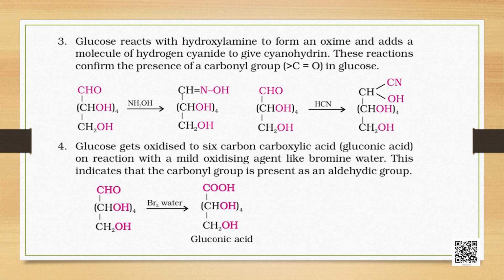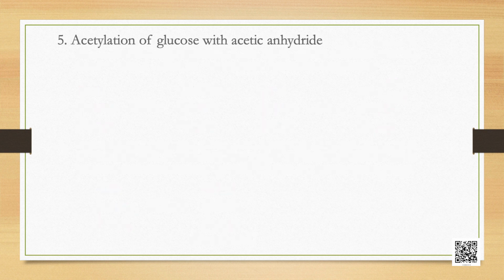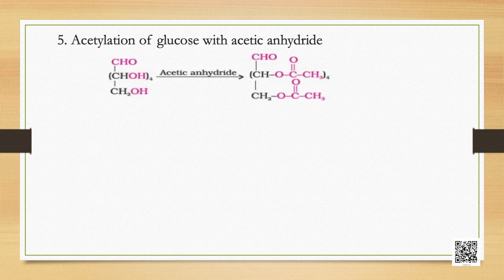Fourth, on reaction with a mild oxidizing agent like bromine water, it gets oxidized to 6-carbon carboxylic acid, indicating that the carbonyl group is present as an aldehydic group. Fifth, acetylation of glucose with acetic anhydride gives glucose pentaacetate, which confirms the presence of 5 OH groups.